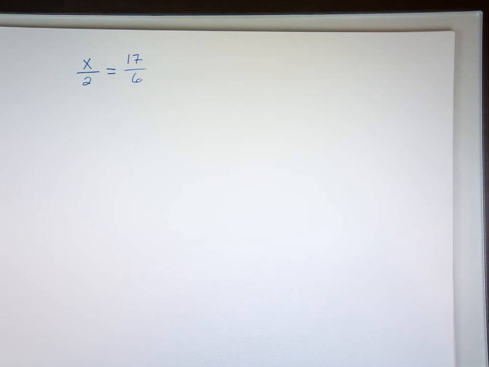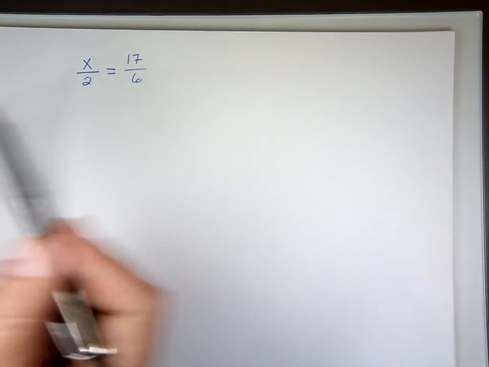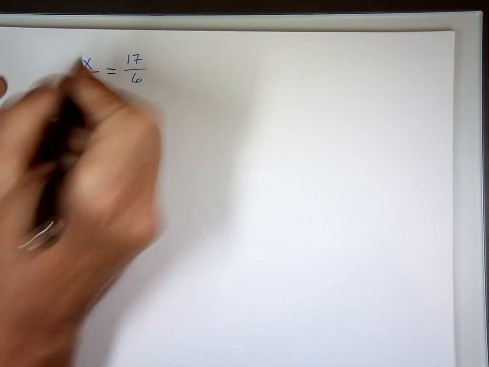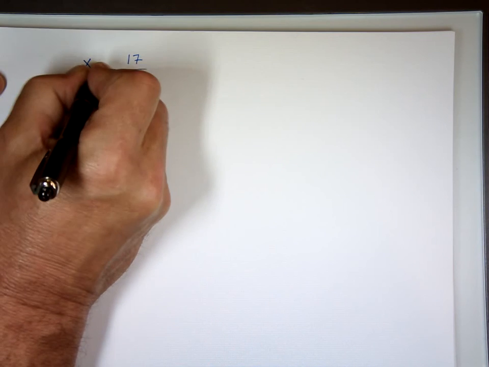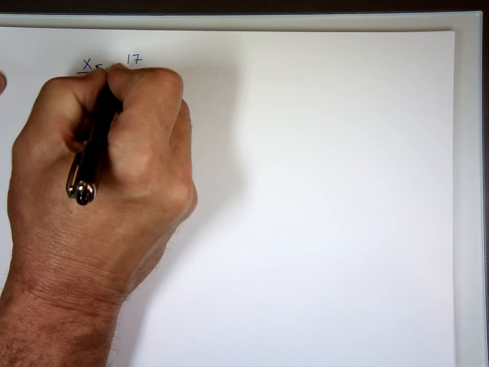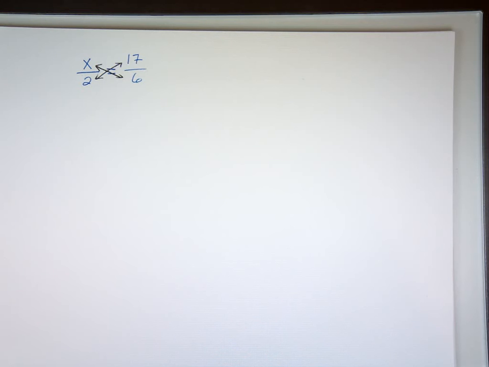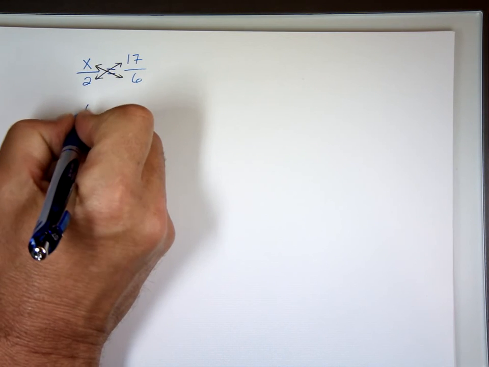When you have a single fraction on the left and a single fraction on the right, the easiest way of solving that is called cross multiply. This times this should equal this times that. Cross multiply. What's x times 6? 6x.